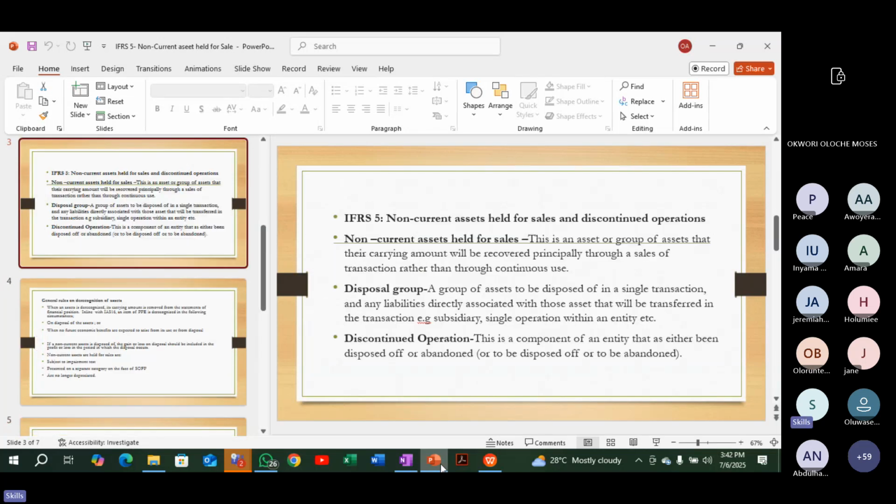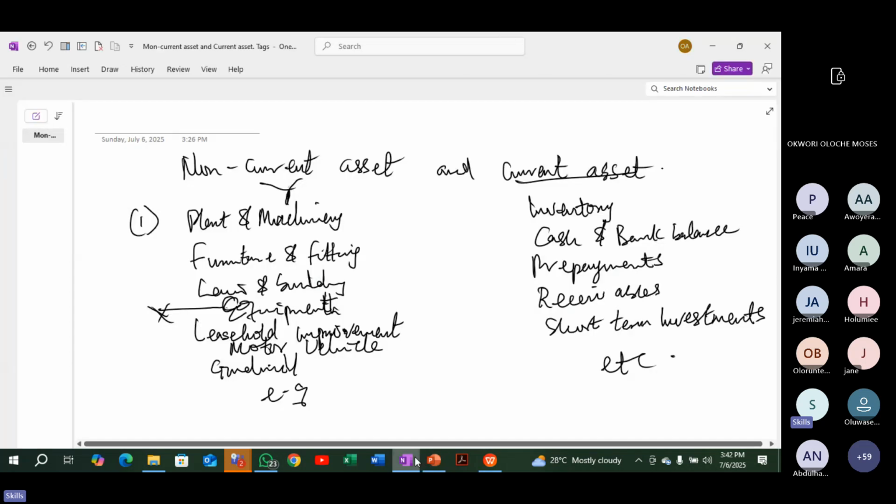IFRS 5, non-current assets held for sale and discontinued operations. What does it mean? Don't forget, I said earlier that if you want to sell off a particular asset, like the equipment on my board, that means my equipment will no longer be part of my assets anymore.